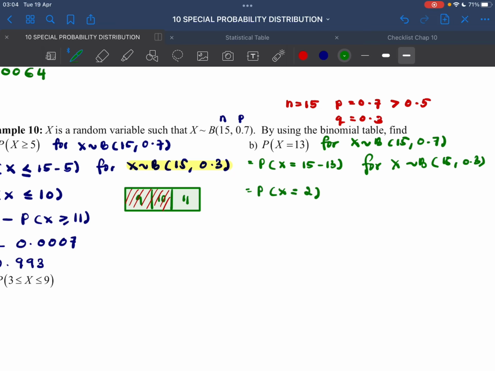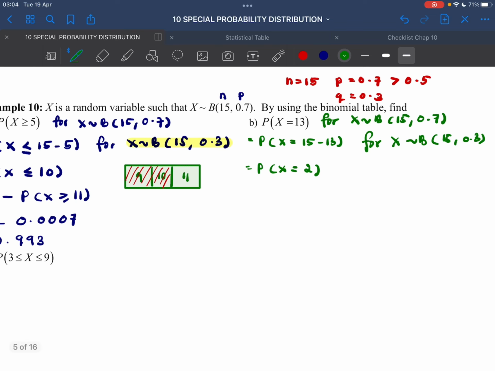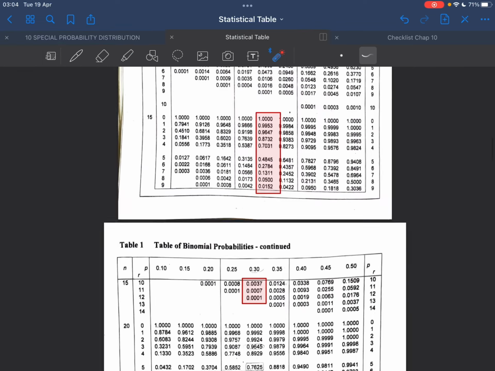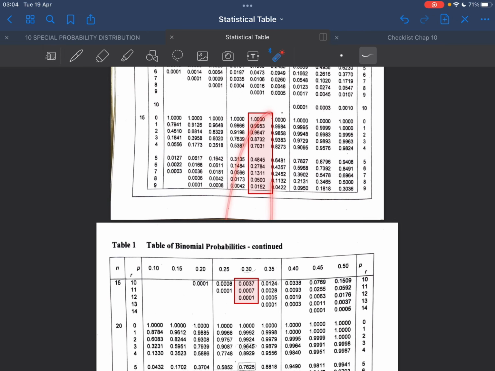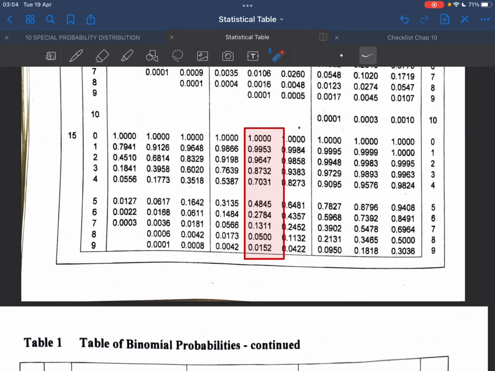Okay, equals tak boleh tengok table, dia kena greater and equals. So we have to change to Px greater and equals to 2 minus Px greater and equals to 3. Okay, so cari dekat mana duduknya 15 0.3, R kita ialah 2 dan 3. So that will be 0.9647 minus 0.8732.